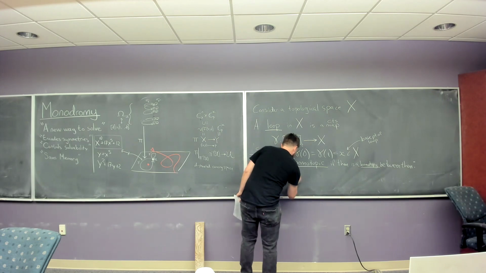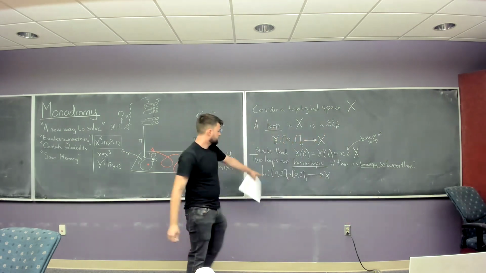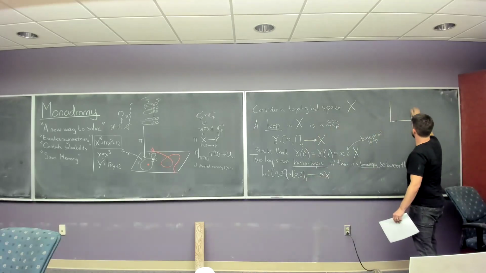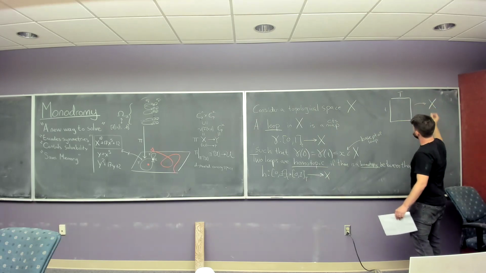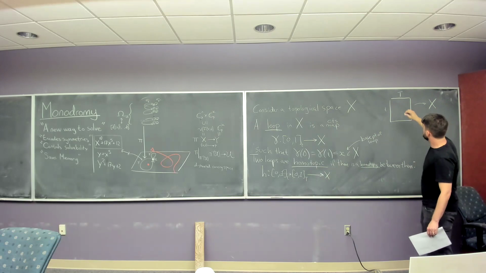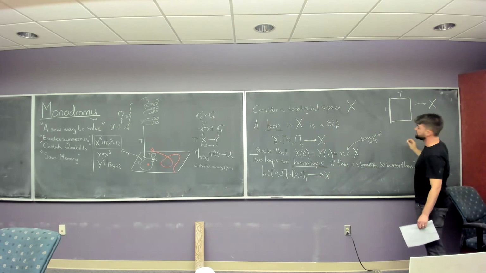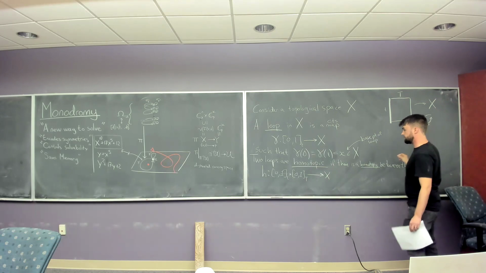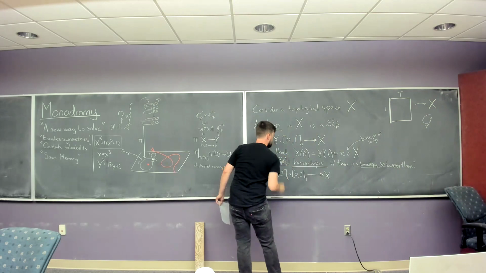But then there's going to be a different type of time, which maybe I'll call capital T. And this is going to be going into our space X. So we have our little t space across our big T space, and this maps into X. And what I want is that if I restrict to capital T being 0, I'm going to get some loop. Let's give these two loops names, gamma and gamma prime.